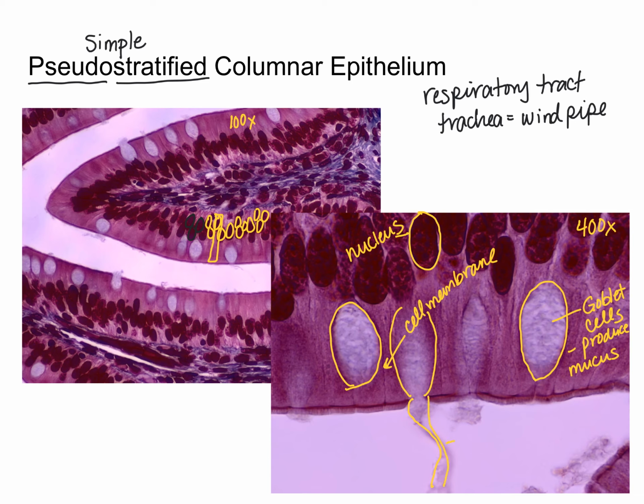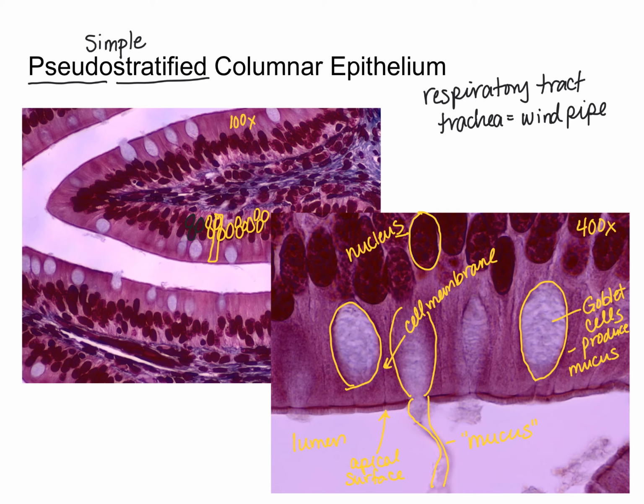Well, that gunk there is mucus. And so that mucus is being squeezed out of this goblet cell onto the surface of the columnar epithelium. All right, so this area here would be the lumen or the space, and so this would be the apical surface of the epithelial tissue that we're looking at.